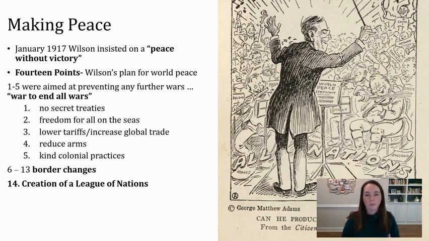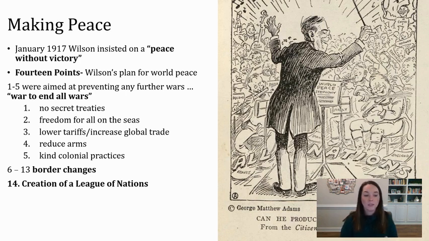And obviously it's going to have some opposition from the Republican Party, but also members of the Democratic Party as well. Points 6 through 13 were about how we need to change the map of Europe and practice self-determination. That will help prevent future conflict. His 14th point, the most important one probably for this course, is going to be the creation of the League of Nations.